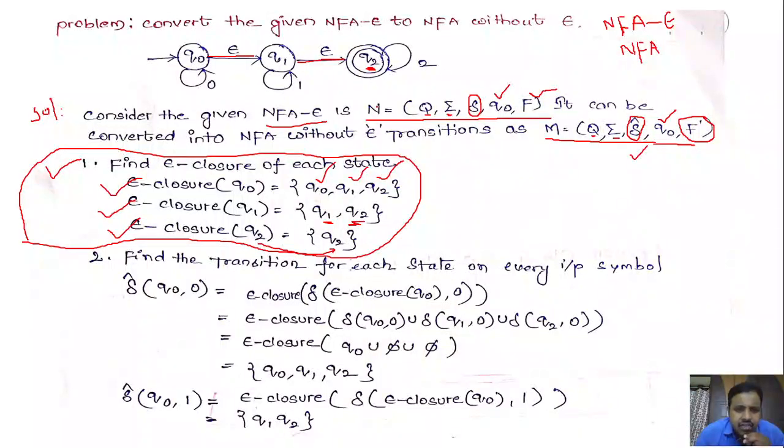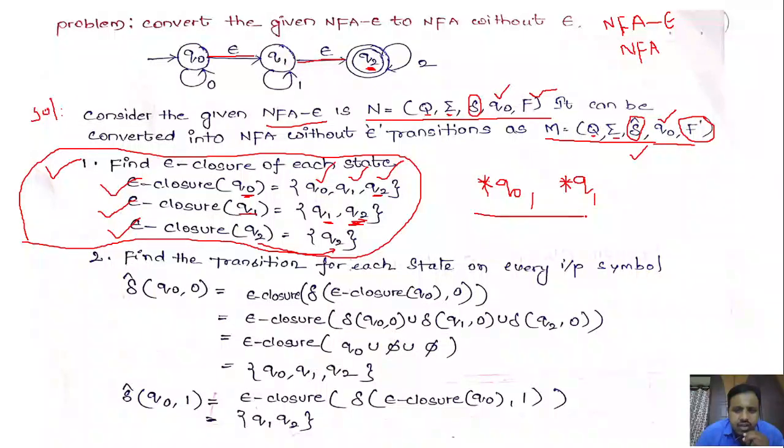Q2 is a member in the epsilon closure of Q0. So in the resultant NFA, without epsilon, Q0 will be the final state. Next, we have Q2 again as a member in the epsilon closure of Q1, so Q1 will also be a final state in the resultant NFA.